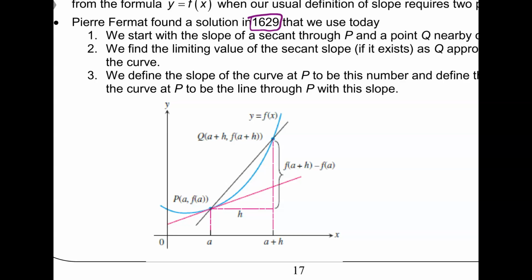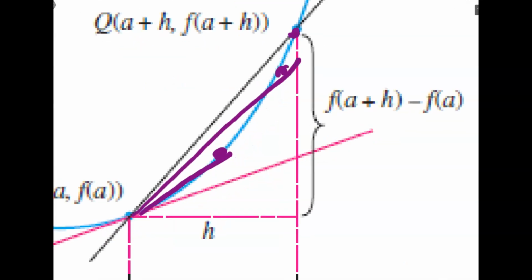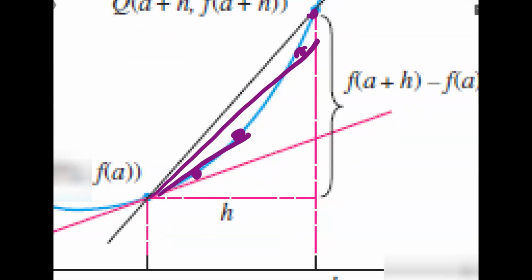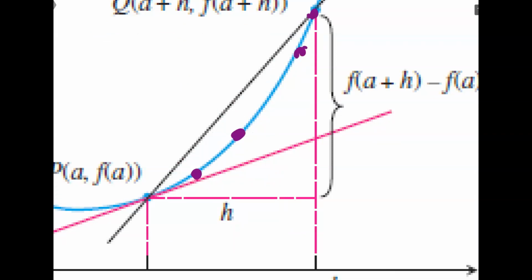Okay. So as I pick points that are closer and closer, the secant line gets closer and closer to the tangent. Pick here, it gets closer and closer to the tangent. So let me try that again with an actual line.